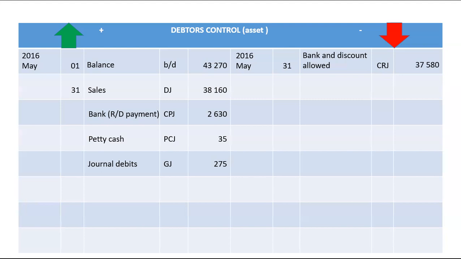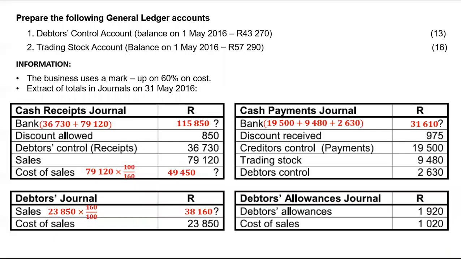Another thing that will result in this account decreasing will be debtors allowances journal. Now, when you do the allowances, please note that allowances refers to returns by debtors, and the debtors allowances column in your debtors allowances journal is similar to your sales column. It's similar to your reduction of sales.